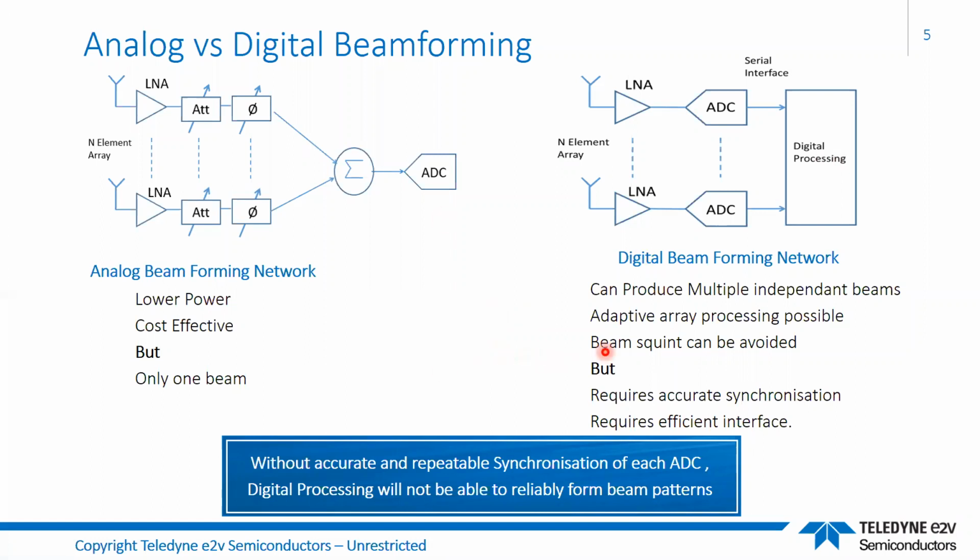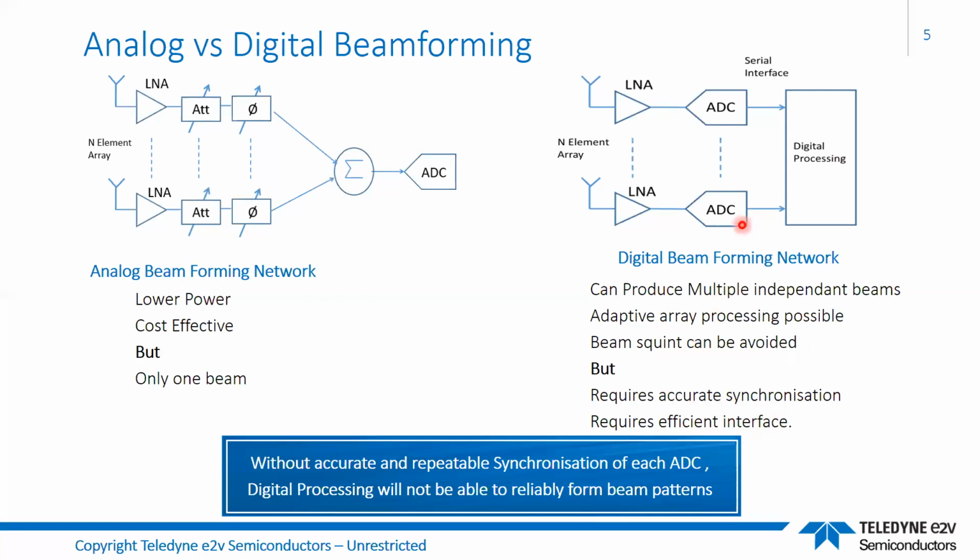Another ability that the digital beamforming network gives you is that beam squint can be avoided, and this is the change in beam profile with frequency. So you can adjust for that digitally as part of a digital processing network.